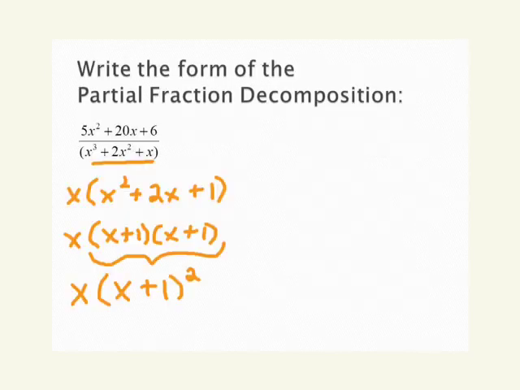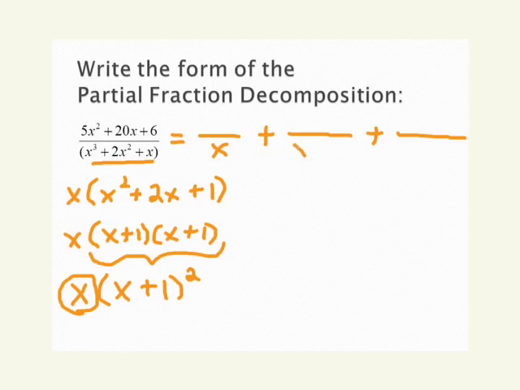So if we set up the partial fraction decomposition this time, here's what it's going to look like. We're going to have three fractions that will make up this partial fraction decomposition. We will have x, just coming from the x that we factored out.